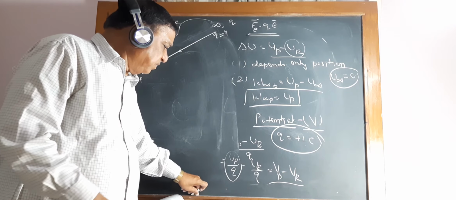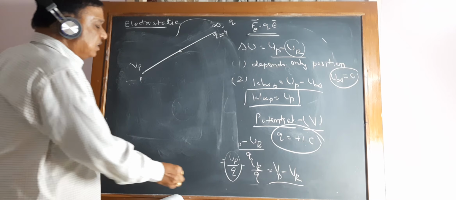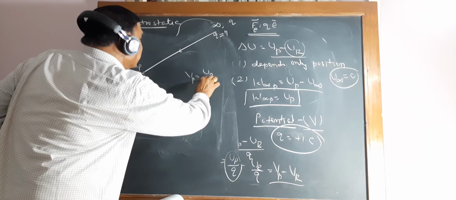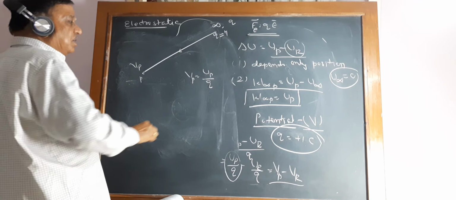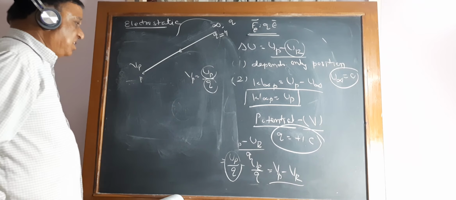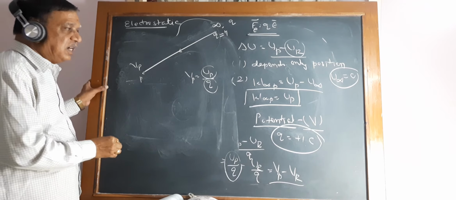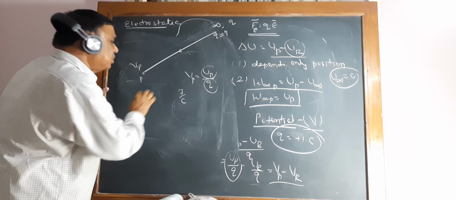And as you know, Vp simply it is Up upon Q. Up is potential energy and this is charge. From this we can say unit of this quantity is joule per coulomb.